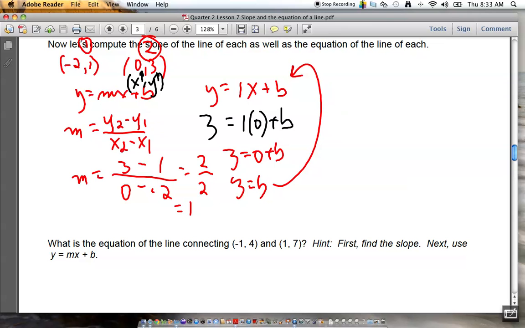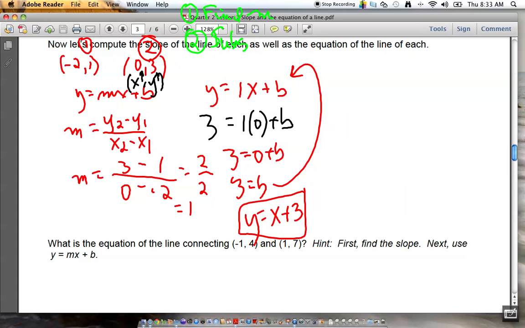And I put it right here, and my final answer is Y equals X plus 10. So once again, if there's a process that you want to write down, the first thing you do is find the slope. The second thing you do is you substitute.